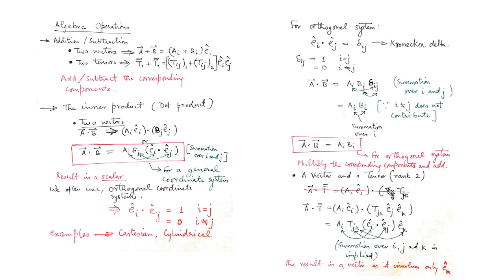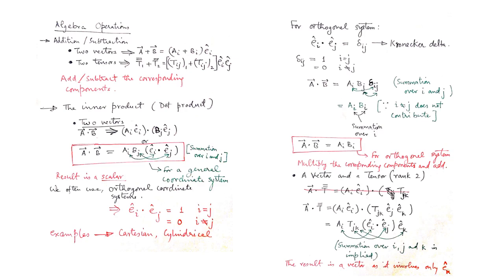Now, as I told you earlier, we often use orthogonal coordinate systems. Orthogonal coordinate systems are ones where the unit vectors are mutually perpendicular. So ei dot ej is 1 when I is equal to j, meaning that e cap 1 dot e cap 1 is equal to e cap 2 dot e cap 2 and is equal to e cap 3 dot e cap 3, and all these dot products with themselves are going to be unity, because after all these are unit vectors.